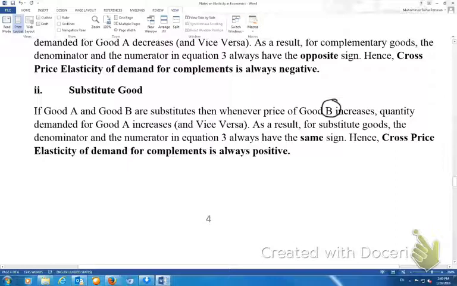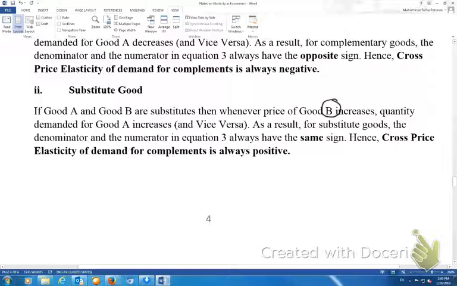A classic example of substitute goods is Coke and Pepsi. So if the price of Pepsi increases, many people would say, hey, I like Coke, I am indifferent between Coke and Pepsi, so I will switch towards buying more Coke because Pepsi is now more expensive. So whenever the price of Pepsi increases, quantity demanded for Coke actually could go up.